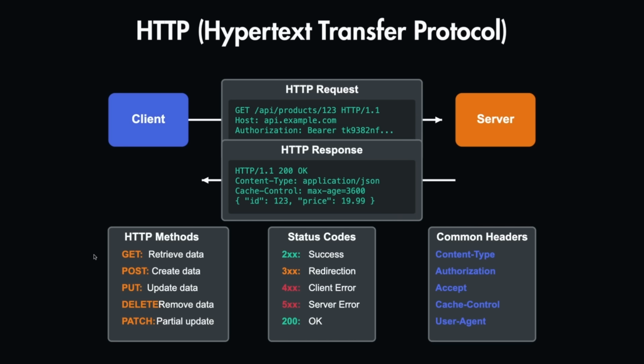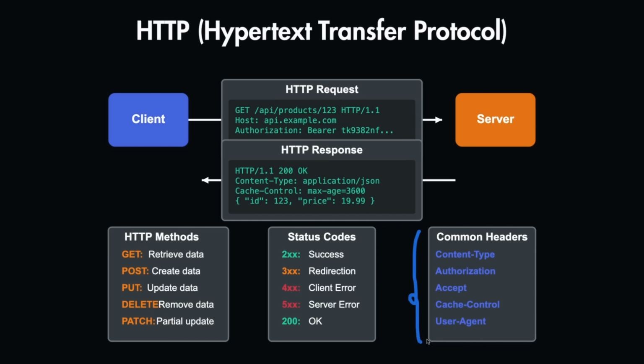Now, when it comes to methods, you have GET for retrieving data, POST for creating data on the server, PUT or PATCH for updating data fully or partially, and DELETE for removing data from the server. When it comes to status codes received from the server, you have the 200 series, which are successful cases, and 300 for redirection. 400 means that the client made an error in the request, so this is an issue on the client side. 500 means that some error happened on the server, so this is an issue on the server.